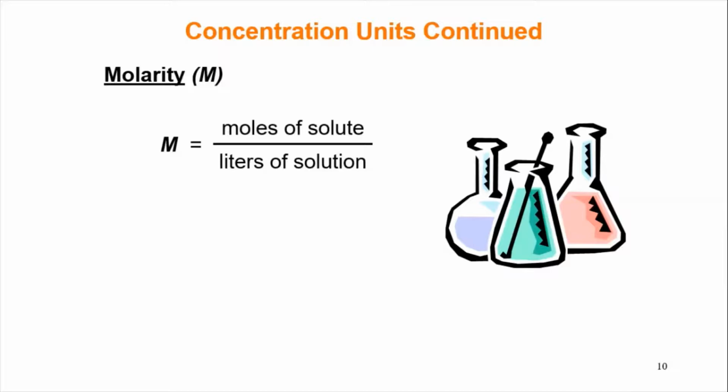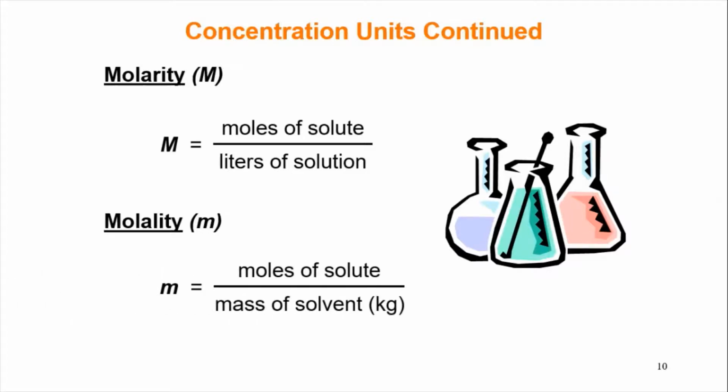Now, let me introduce a new unit that perhaps we haven't discussed before. And again, a bit of a tongue twister here. It's called the molality. And we write it with a small m instead of an uppercase M. And this is the moles of solute per mass of solvent in kilograms.